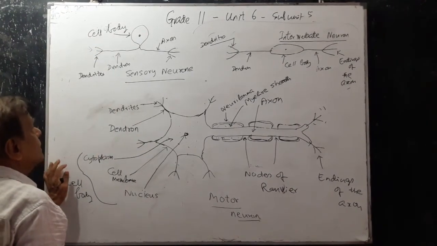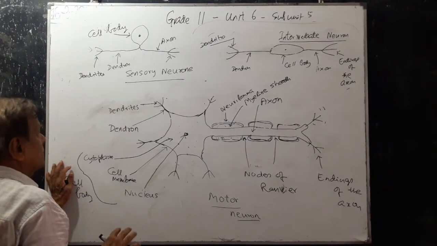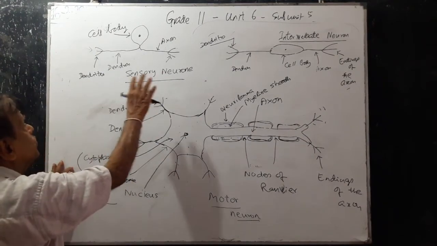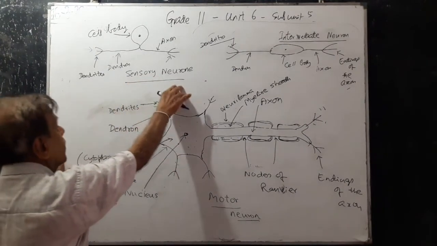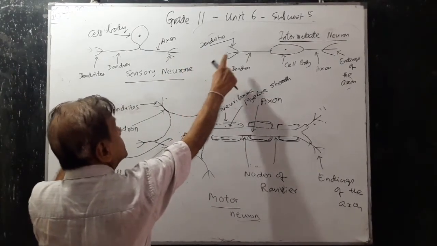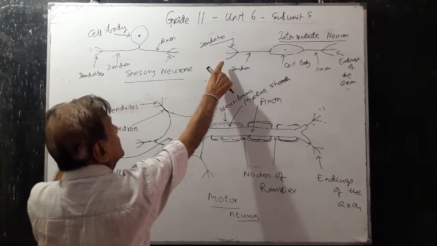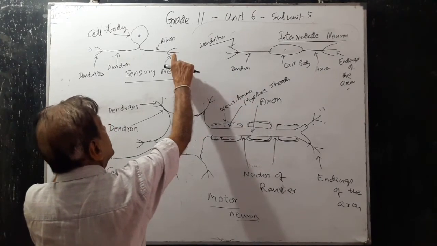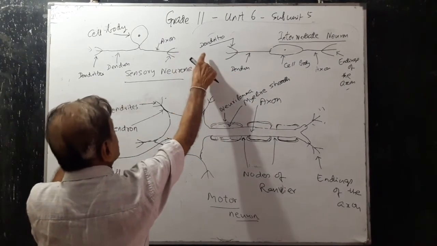After that, the nerve impulse goes to the sensory neuron and is transmitted to the dendrites of the intermediate neurons from the endings of the axon.